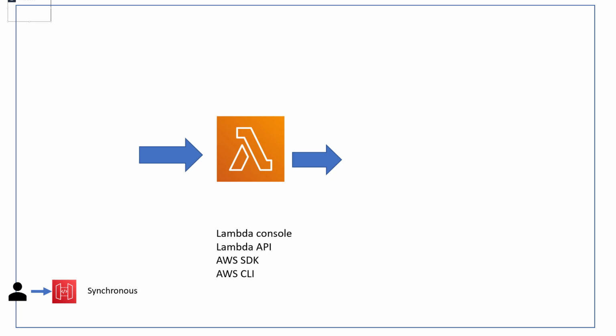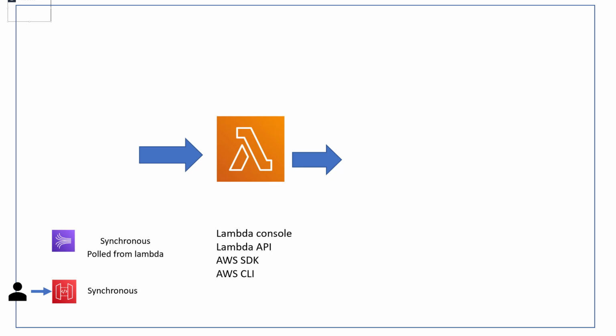A user sends an HTTP request to an API gateway, and the API gateway synchronously triggers the Lambda. Once the Lambda executes, it gives back the result of that Lambda function to the API gateway, and from the API gateway it goes back to the user. So this is a form of synchronous invocation of Lambda.